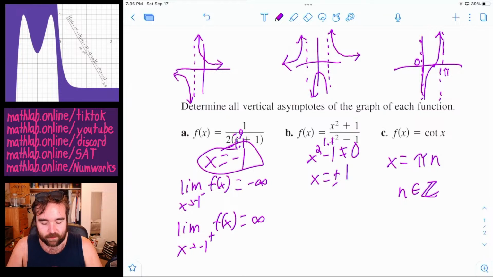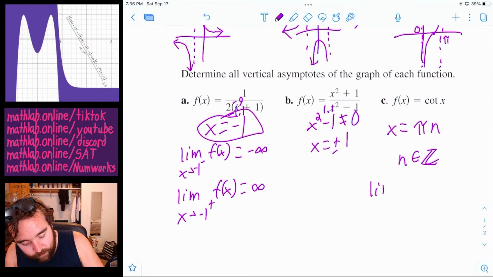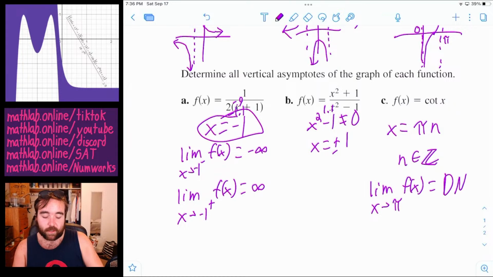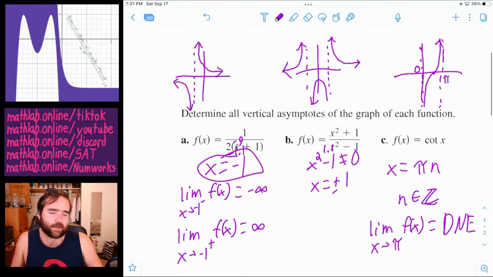We got a bunch of vertical asymptotes. And the thing about all these vertical asymptotes, if we're looking at this f of x for c, the limit as x approaches pi does not exist because it goes to infinity. So yeah, vertical asymptotes, that's not hard. You did that in pre-calc and algebra 2.